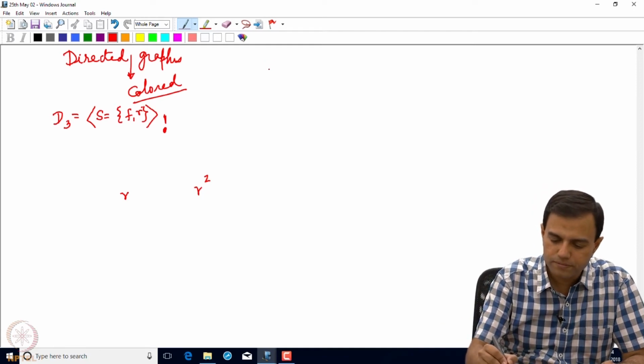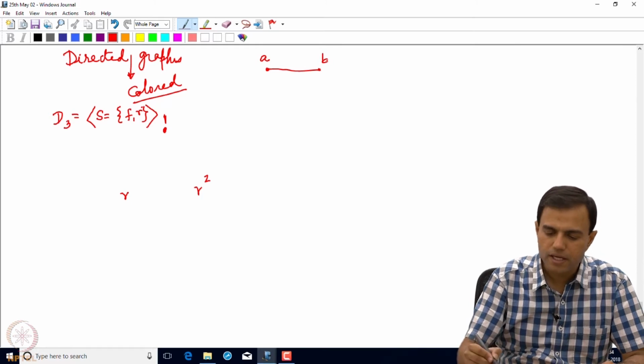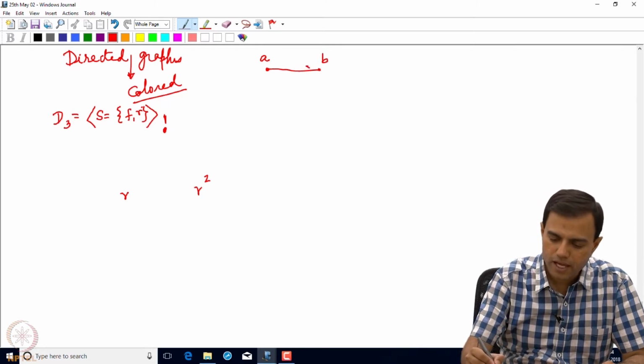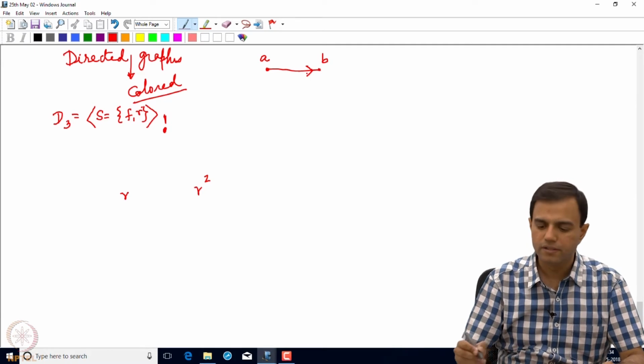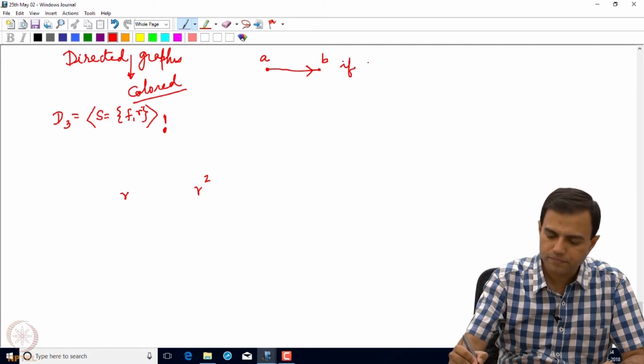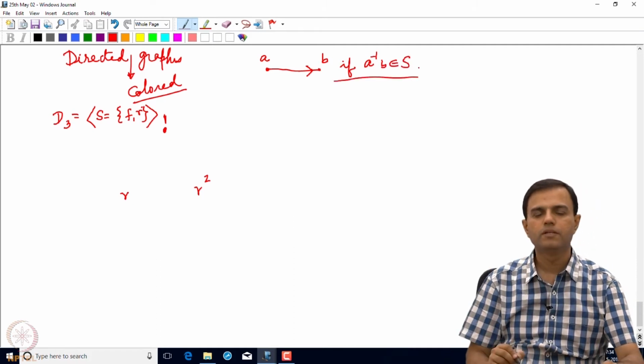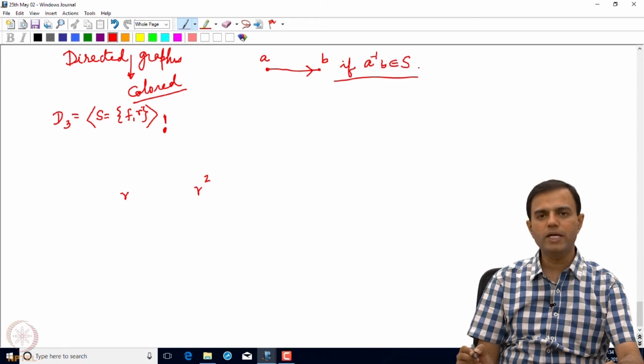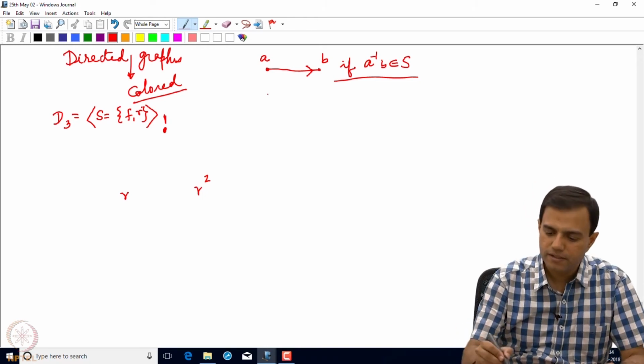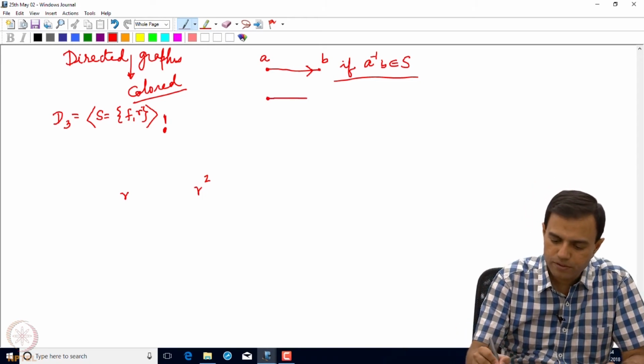I would put this thing. So this is A, this is B. I would put an arrow like this if A inverse B belongs to S. That's it.